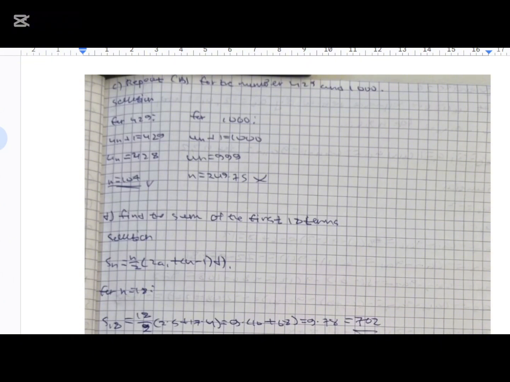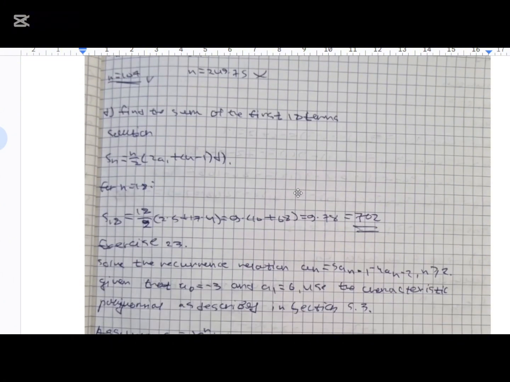But if we do the same thing, dividing 999 by 4, the answer will be wrong because it's not a whole number. It's 249.75, which is not right.